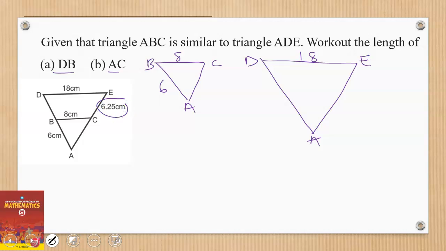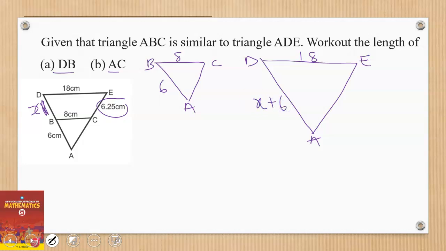Now the question says we should find DB, that is the part here we want to find, right? Now we know the whole DA, let's assume the DB is X. So the whole of DA becomes X plus 6, right?